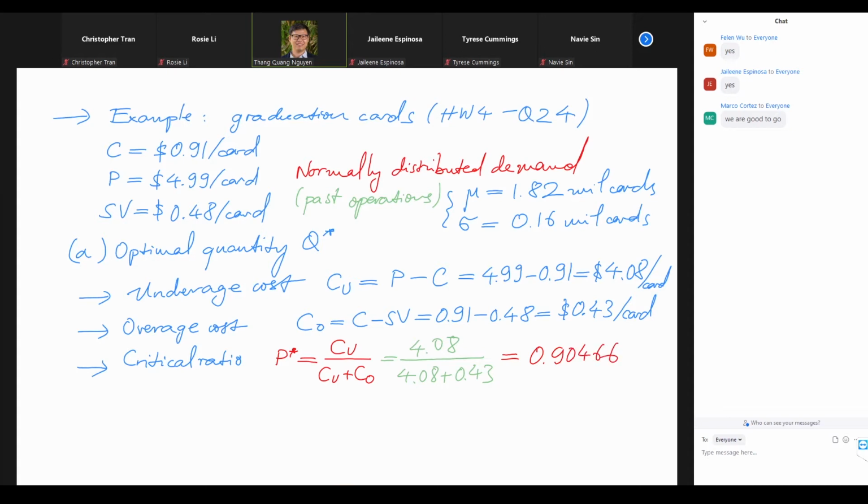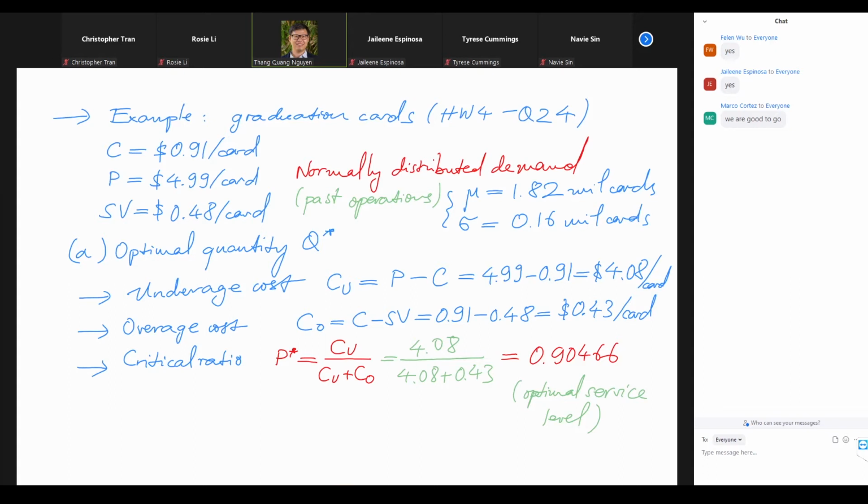So it is called the critical ratio, right? To make more sense of it, let me give you the interpretation of it. The critical ratio is actually the optimal service level that we should aim to show in the upcoming season. Okay, so in this case, we should carry enough to have a service level of 90.4% or 90.5%, right?